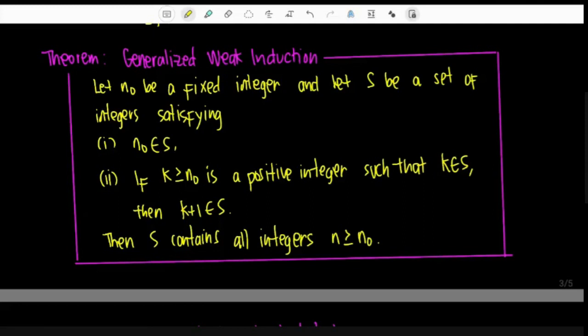Now, in general, we can do away with our reference to S and we can denote mathematical properties as statements or propositions of a certain set of integers. So how do we do that?